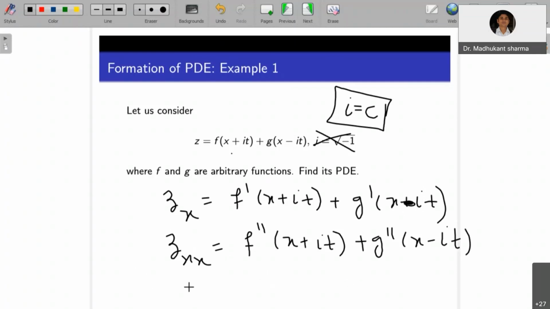Now you can also find zxt. You have to assume that f and g are continuous functions and all second order partial derivatives are continuous, so the mixed derivative theorem is applicable. So you can also find zxt.